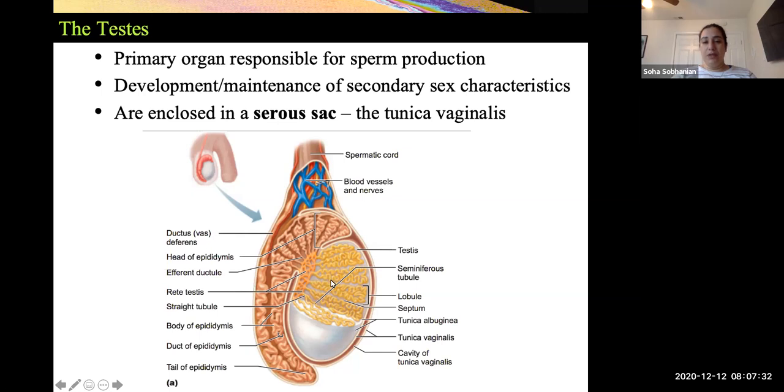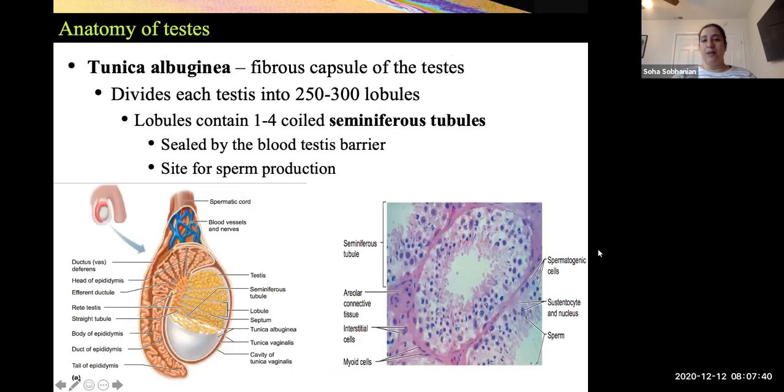These coiled structures are referred to as the seminiferous tubules. If you look at the seminiferous tubules under the microscope as a cross section, this is what they look like. All of these little dots that you see basically are going to be your sperms that are under the stages of development.